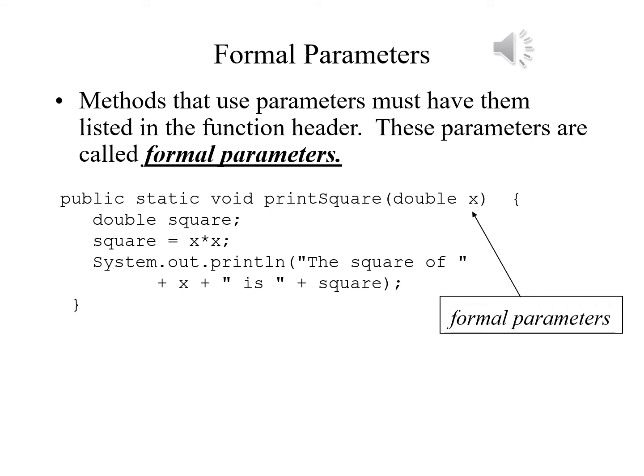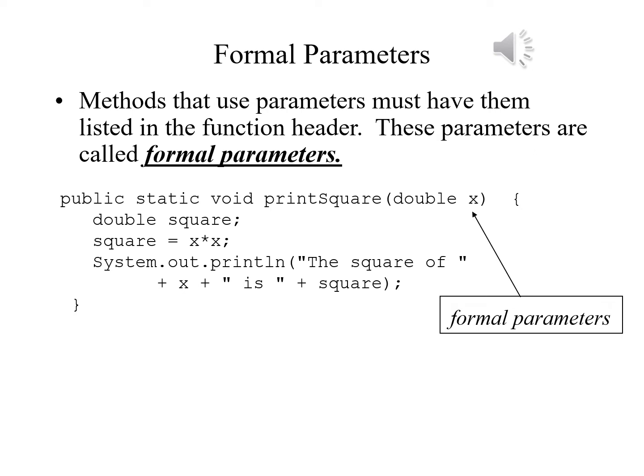You can see in the example that when we start writing the header for the method, as we've seen before, we begin public static void printSquare, but in parentheses what we have there is double x. The value that we're passing is known within this method as x.